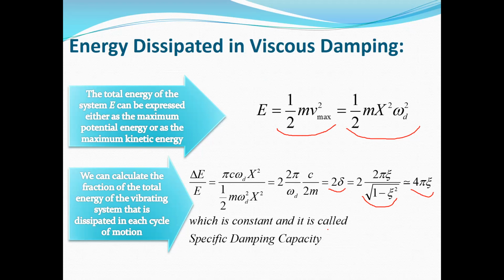So for now, you only need to understand how we can find an approximation for the energy dissipated during a complete cycle in a system with viscous damping, and it's equal to 4 times pi times psi.